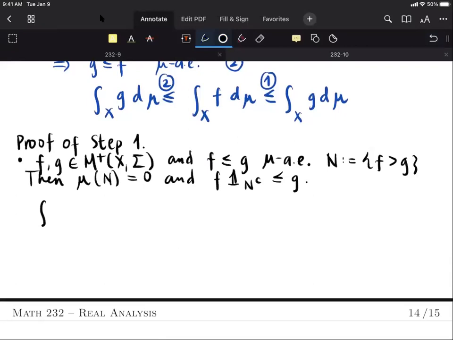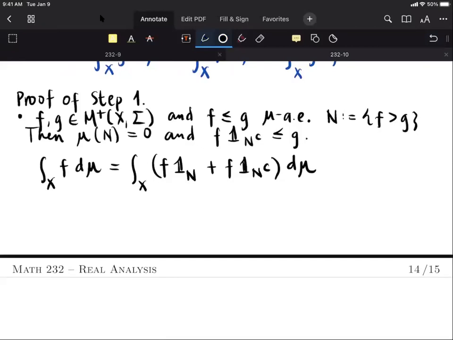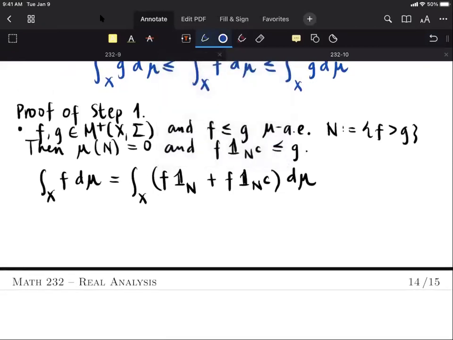So starting from the Lebesgue integral of f as a non-negative function, we split this into two parts, by multiplying by the indicator function of the null set N and the indicator function of the complement. Take note that the first part is equal to 0 mu almost everywhere.